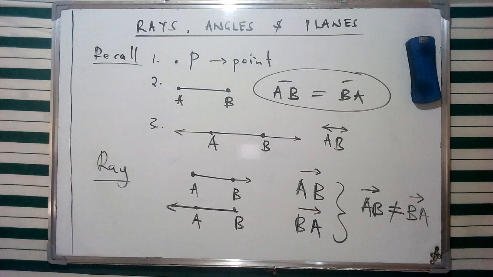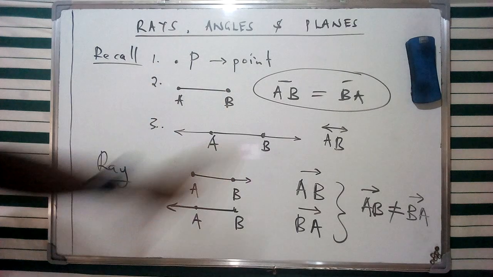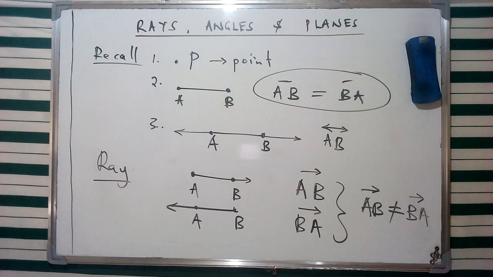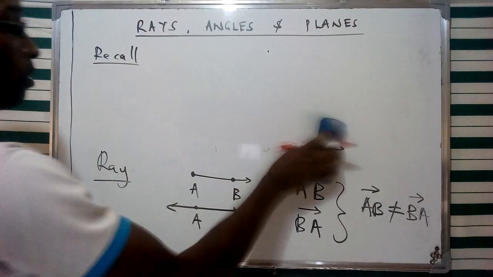So I presume, or I'm going to hope, that we're going to be able to differentiate between a ray and a segment and one of their characteristics that I've mentioned above. Now from this aspect of a ray, we are going to describe what we call an angle.